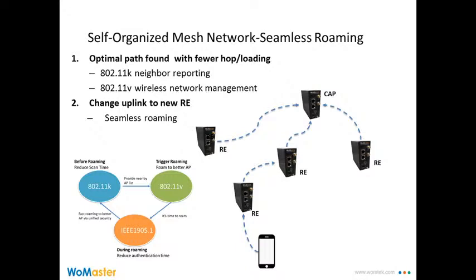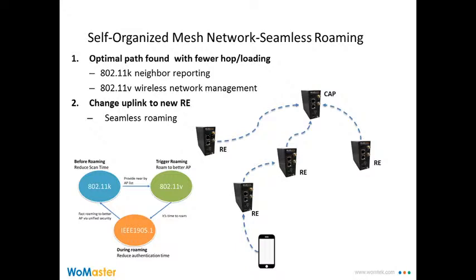This page is about the network's seamless roaming. By these features, the mesh network can support faster roaming and shorter roaming time to make sure the whole network is connected.